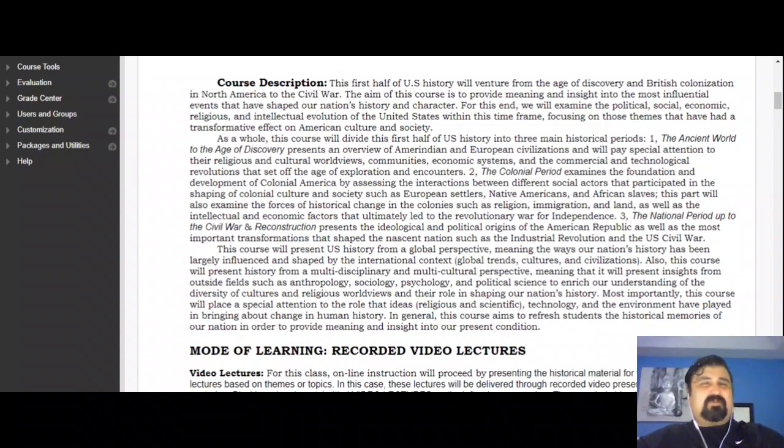And of course, now we look into the colonial period, and we look at the formation of colonial societies, how England is going to, by the 1600s, establish a series of colonies in North America, 13 colonies. We look at economic factors, we look at religious factors, okay, that pushed Europeans out of Europe to come to America and establish those colonies, particularly, again, England, establishing their colonies in North America.